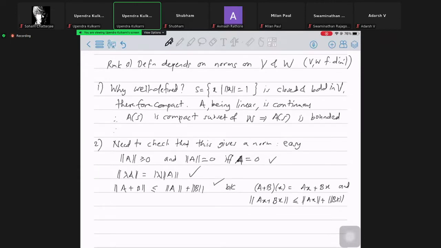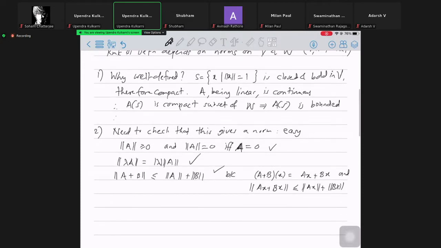Okay, so some basic properties of this. Really the first one, I claim that the norm of A times a vector. Yes, this norm of Ax plus Bx is less than or equal to the norm of Ax plus the norm of Bx.